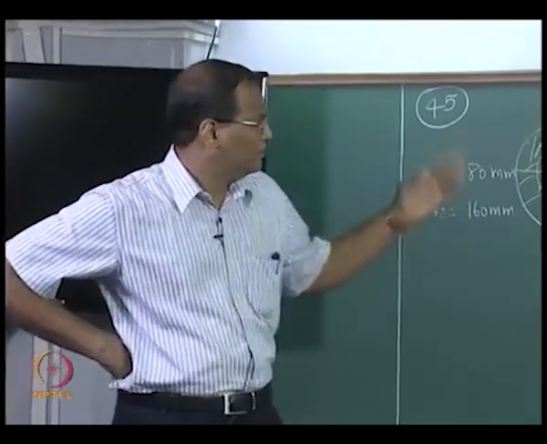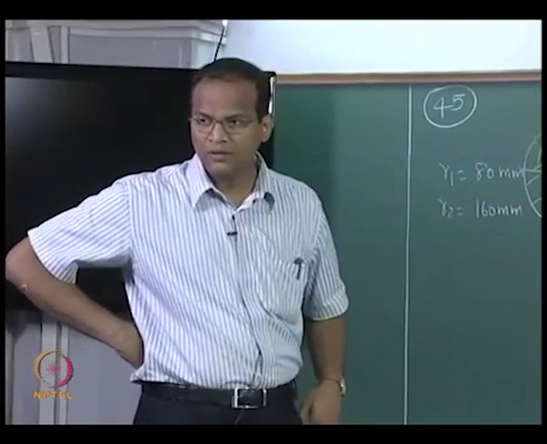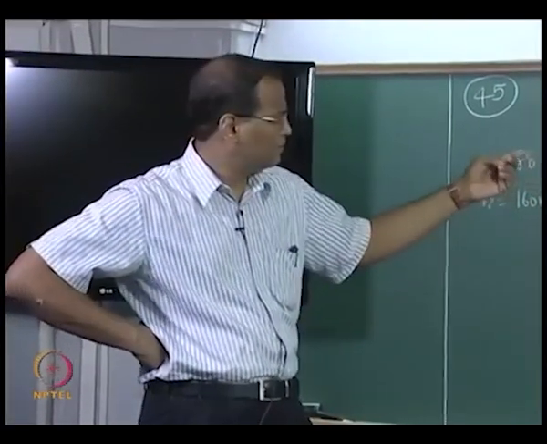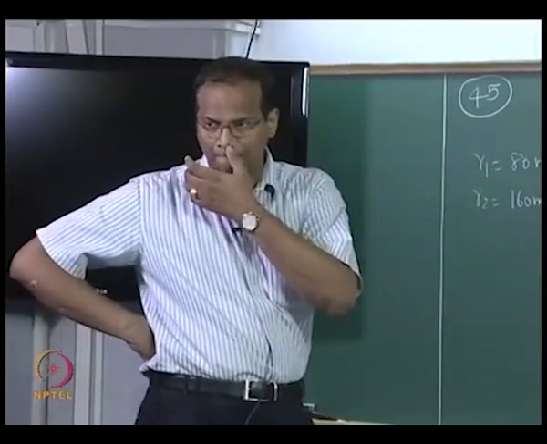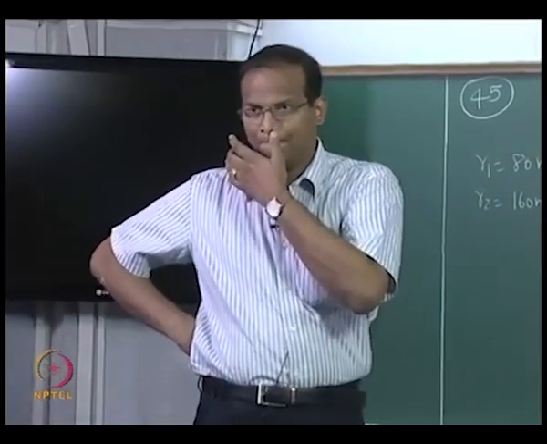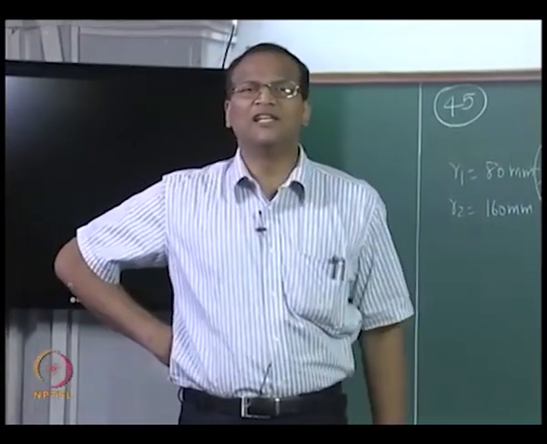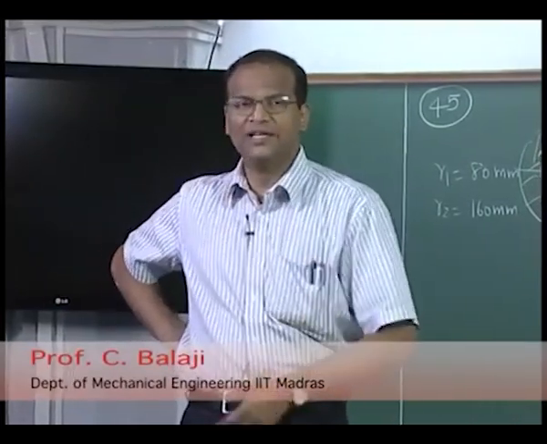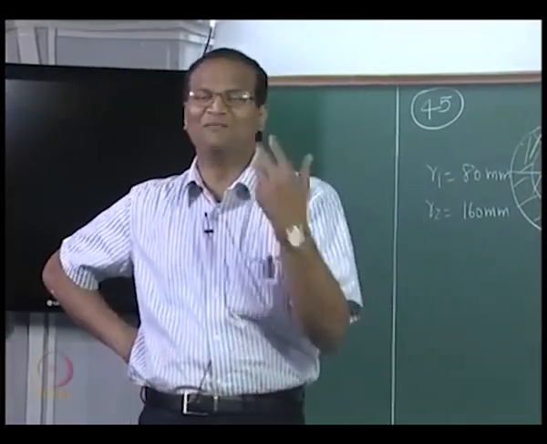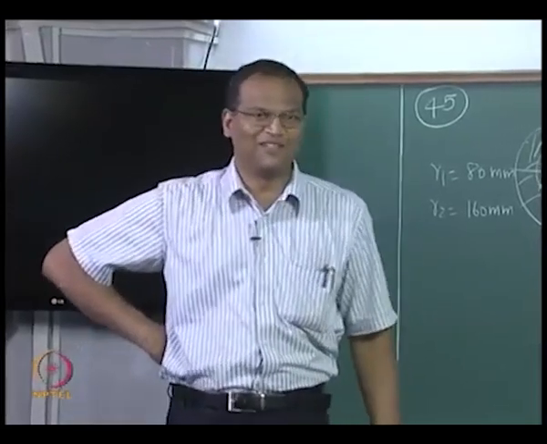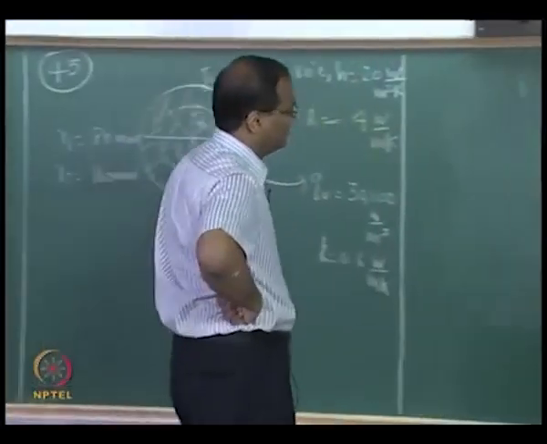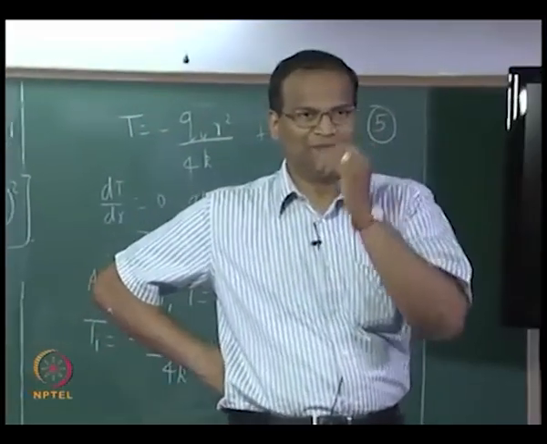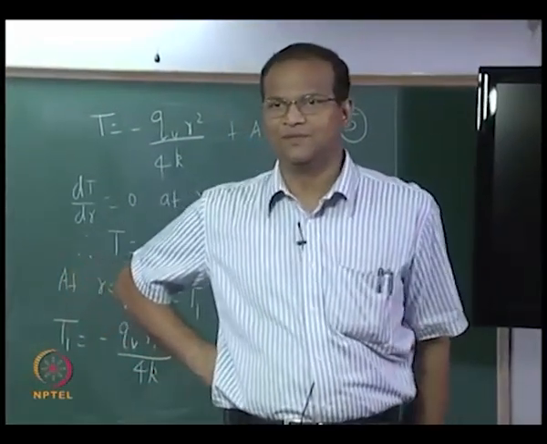It is not dimensionless, but it is Kelvin. You can make it dimensionless by dividing by T infinity or something. It is a temperature difference, so you can divide it by T infinity and make it the dimensionless heat generation parameter. So call it eta, xi, whatever.